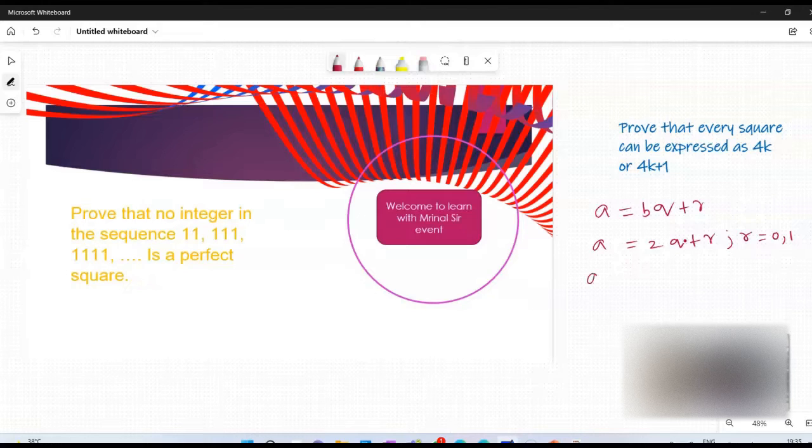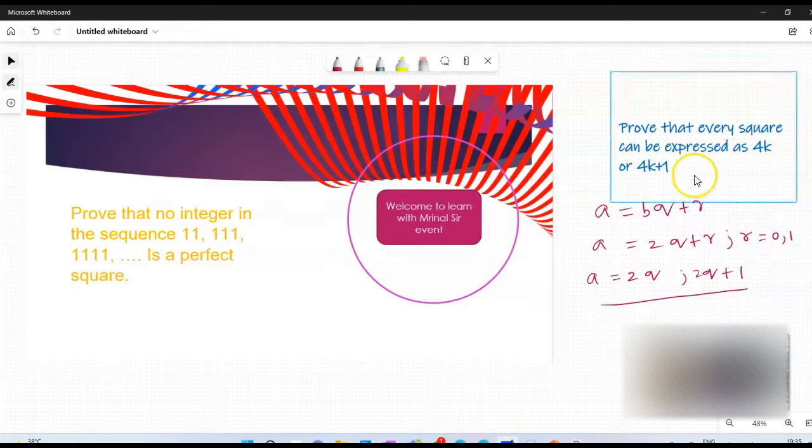So integers can be expressed in the form 2q or 2q plus 1. This you have been doing from the very beginning of your academic classes. In fact, from class 3-4 only, you know integers are odd and even. This is even and this is odd.